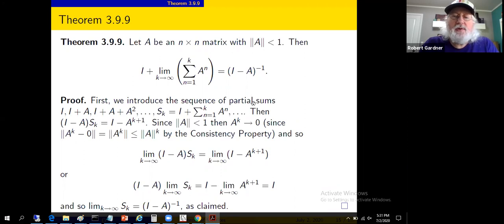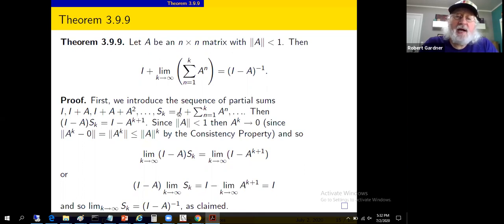So let's introduce a sequence of partial sums. What we're getting over here, when k is 0, if you like, we've just got the identity. When k equals 1, we get the identity plus A to the first power. When k is 2, we get the identity plus A to the first and the second power, and so forth. The kth partial sum would be exactly what's written here without the limit stuff. All right, we can take this representation of the kth partial sum and multiply it by I minus A. You might want to convince yourself there's a lot of cancellation that happens when you do that.